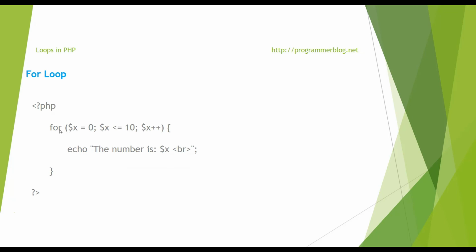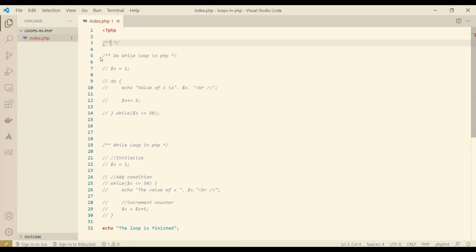Let us see an example of for loop syntax. We have specified the keyword for and inside the parentheses we have added $x is equal to 0, $x is less than or equal to 10 and the increment counter is $x plus plus. And inside the code blocks we have added echo the number is $x and then a br. And I will add my comment, for loop in PHP.